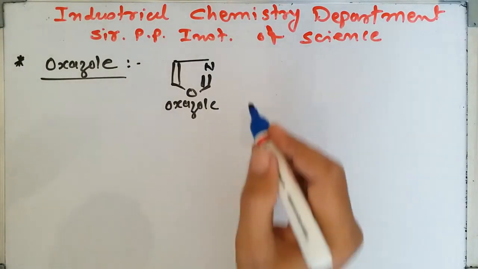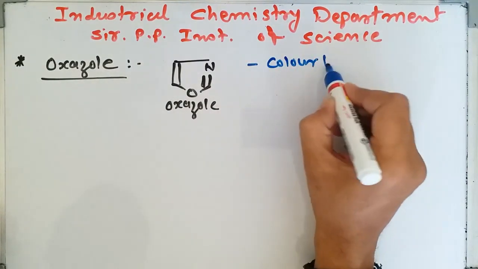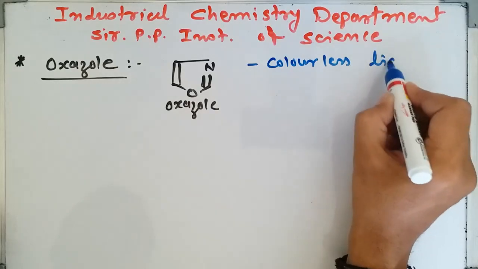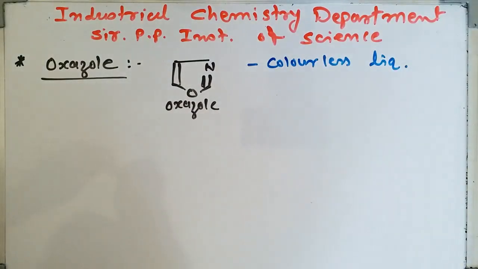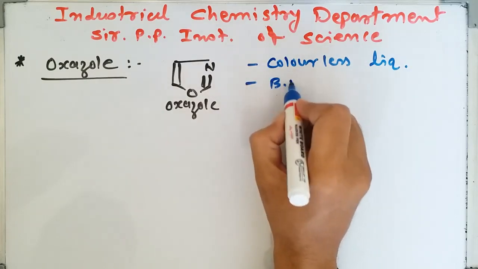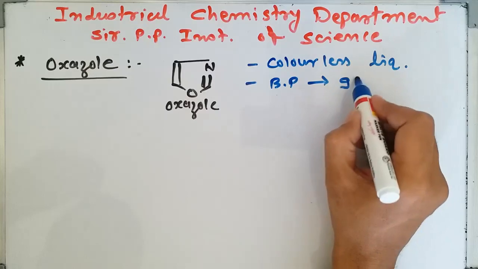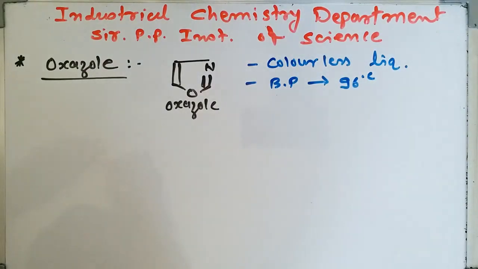It is a colorless liquid. The second property is boiling point: its boiling point is 96 degrees Celsius.